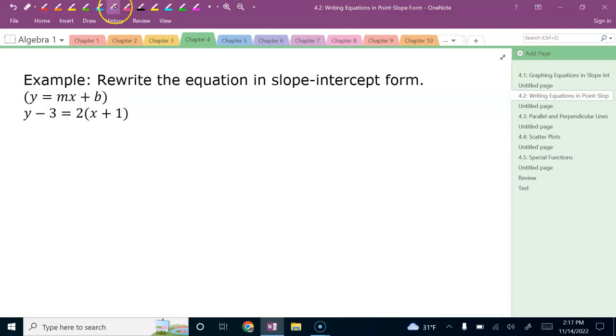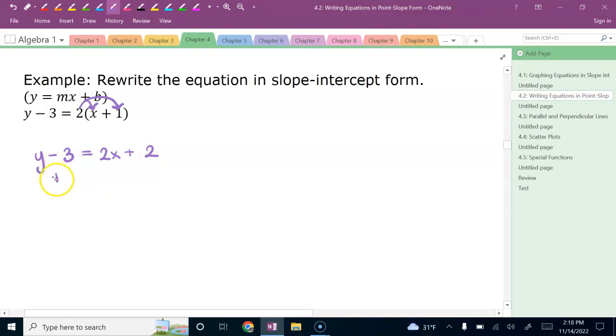The first thing that you're going to want to do is get rid of those parentheses. So in order to do that, you're going to need to distribute. So I'm going to take 2 times x and 2 times the 1. So this would say y minus 3 equals 2x plus 2. Then I need to get that negative 3 over to the other side.